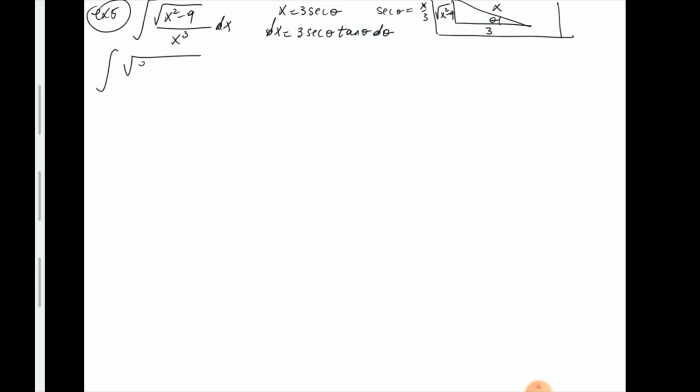So it's going to be 9 secant squared minus 9, over 3 secant theta to the power 3. And then dx becomes 3 secant theta tangent theta d theta. All right, so the top becomes 3 tangent.